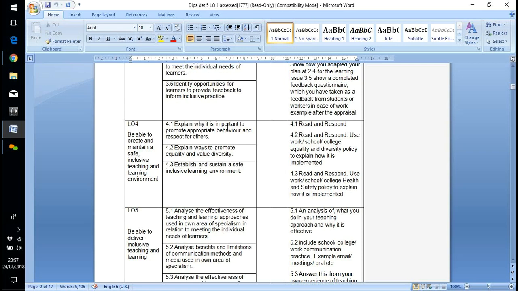Some will be clearer than others in terms of what they will accept and what they won't. But if you've got that, or you can ask somebody in your establishment who deals with this, how do we cover discipline, then they will probably give you documents, school policies and that sort of thing, that you can then refer to when you get to LO4, yeah.